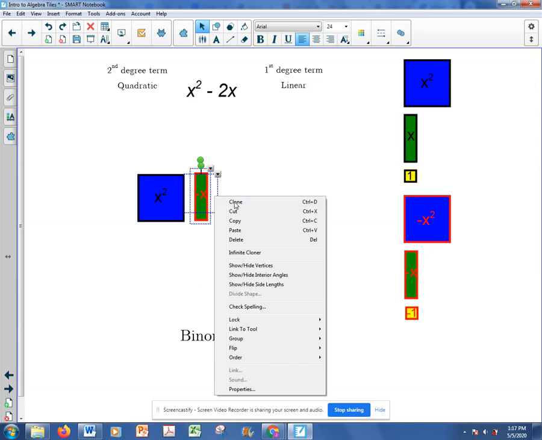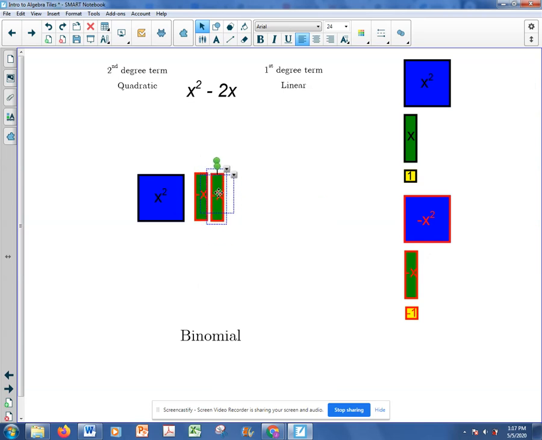There we go. That would be x squared minus 2x. That's what it would look like. It's a binomial because we use two different types of tiles. And it's a second degree binomial because the biggest tile that we use is the x squared, which we said was second degree, quadratic. All right.